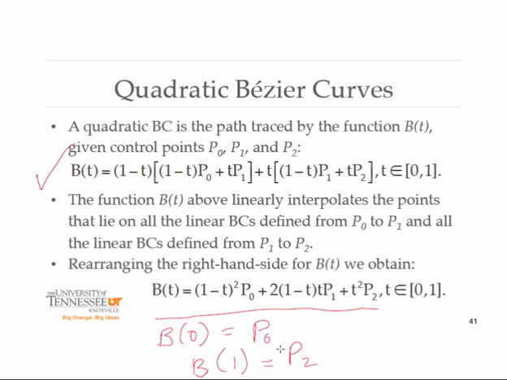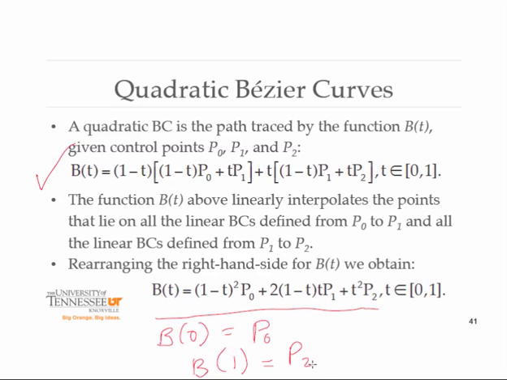All right. So again, it's tracing the linear Bezier curve starting at P0, sort of in the direction of P1. So again, it's using the interior points to control the direction that the curve, the ultimate B of t, is going to take.